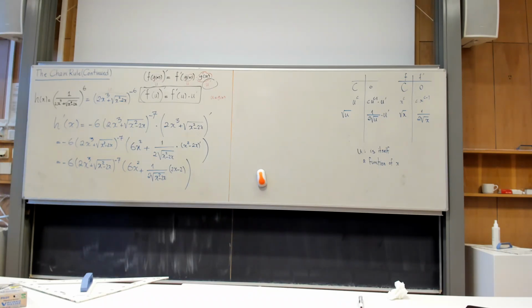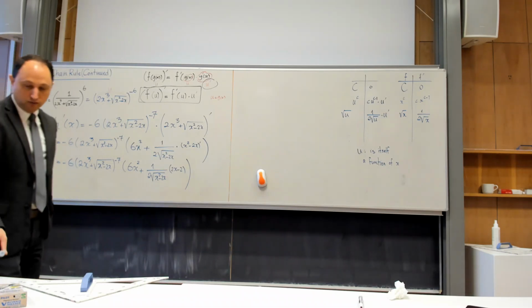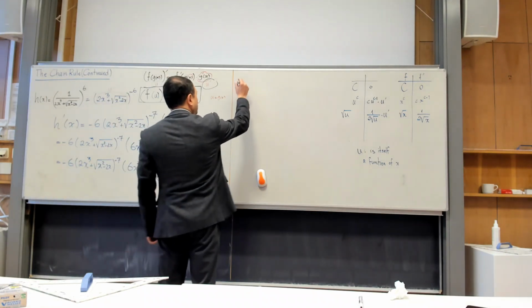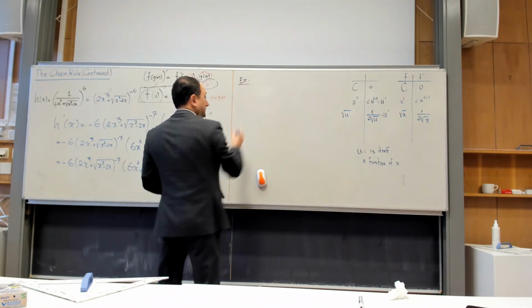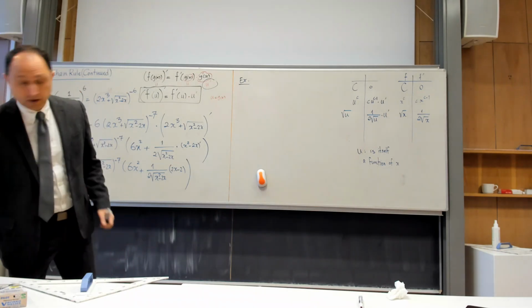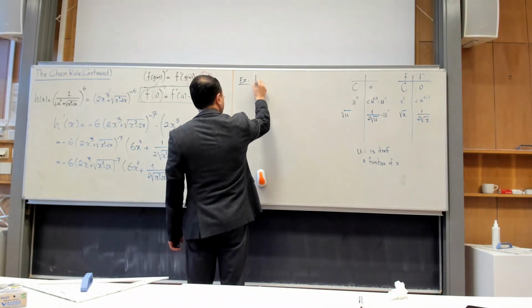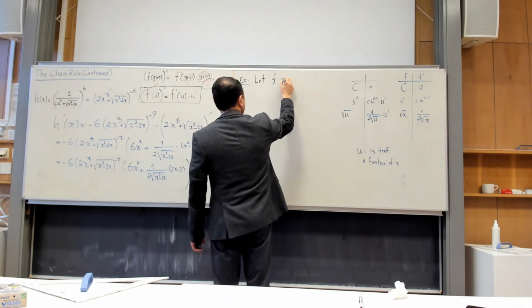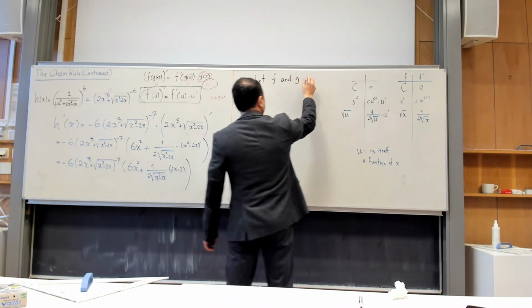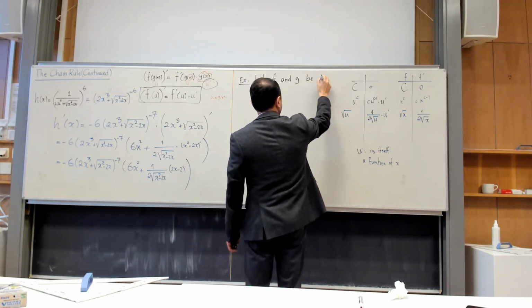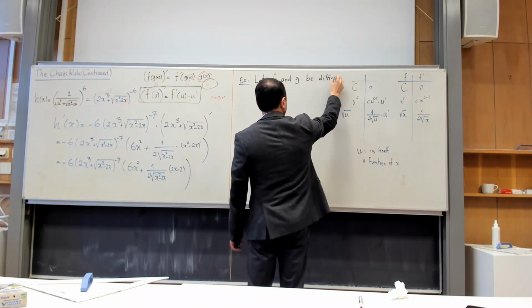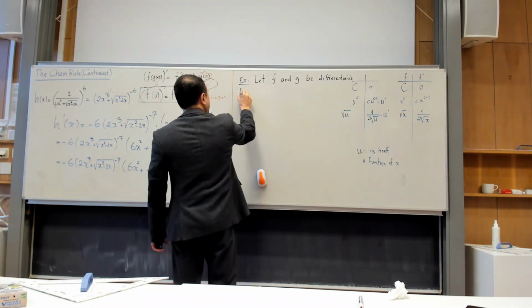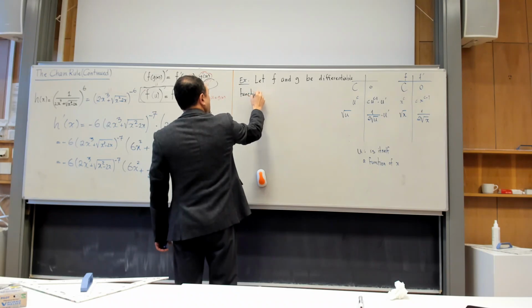So what we can do right now, let me ask you another type of question. Example. Let me write this. Let f and g be differentiable functions. So don't worry about that part. Differentiable functions means that the derivatives always exist.